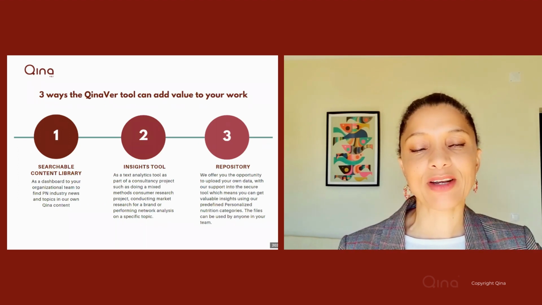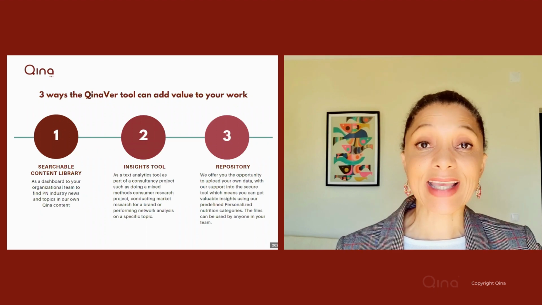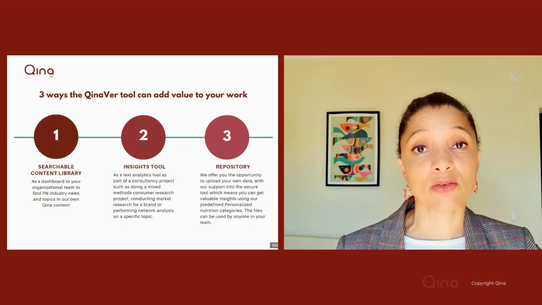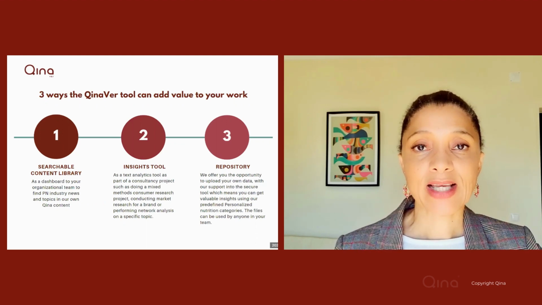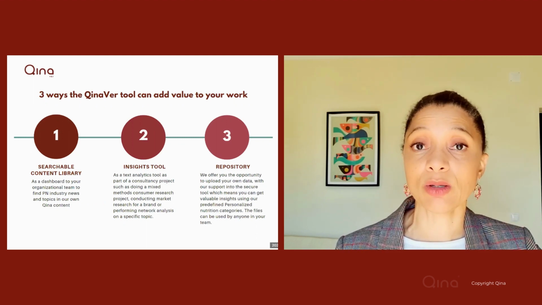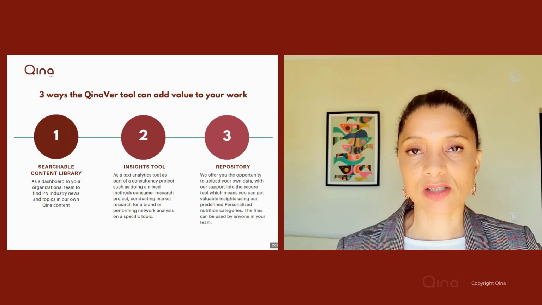And so you can very easily then get insights using the QinaVer tool to see which topics really resonate and which ones are really trending at the moment, seeing what the sentiment is about specific keywords, topics, or even brands, and how that changes over time.